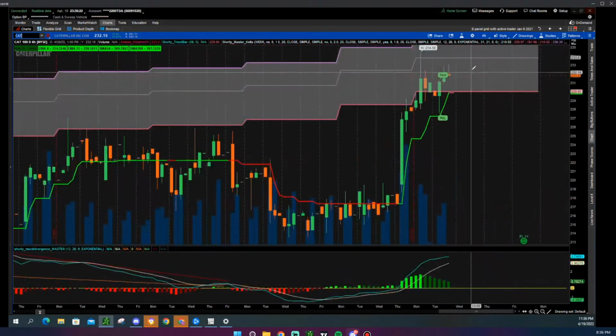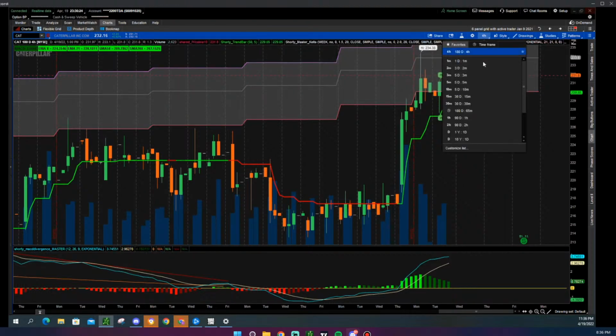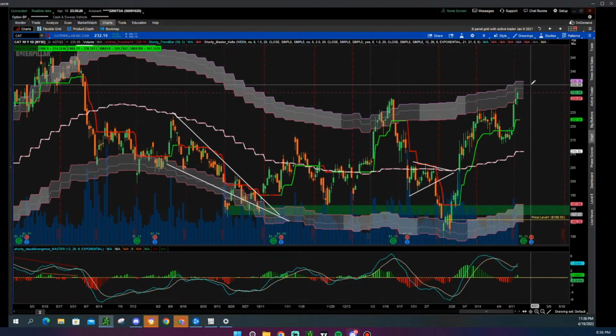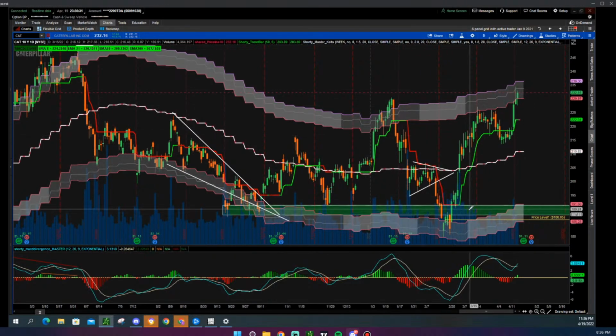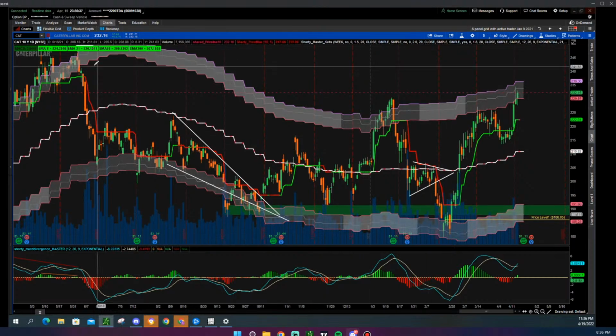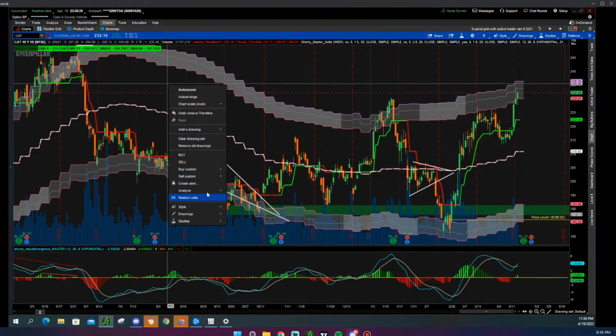Now it's approaching dangerous territory here. It needs to break 236, but somebody loaded the hell out of this at 170. You see that? It has nice patterns.